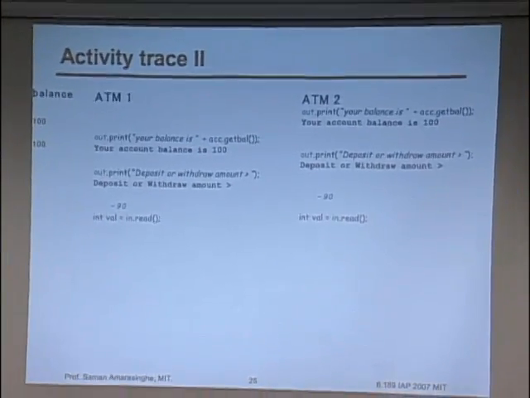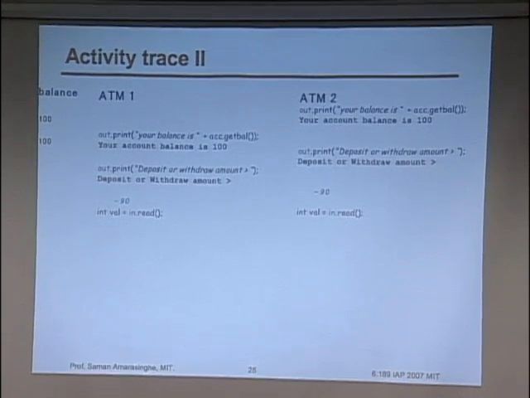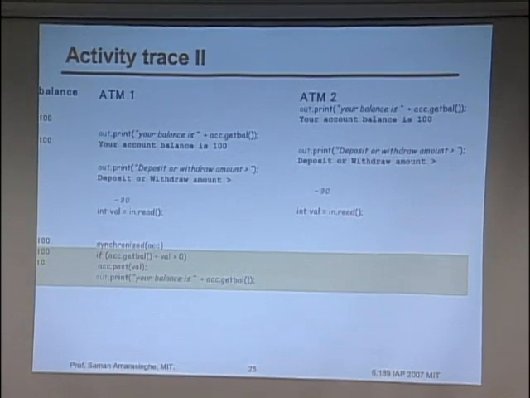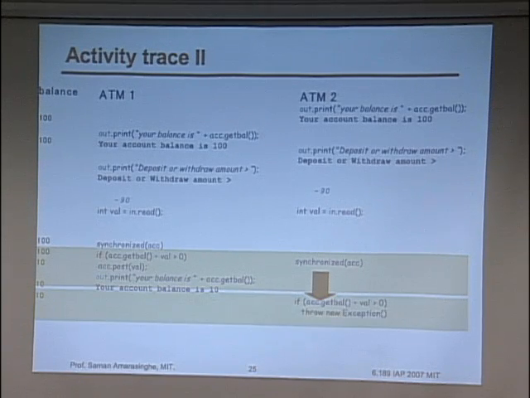So now you read in, get the synchronized account, and I do account balance plus val and post the account. So in here I go to 10. If I start the other one here, I have to wait till that entire synchronized region is over. Of course, I don't have enough balance, so I throw an exception. Are we still happy?